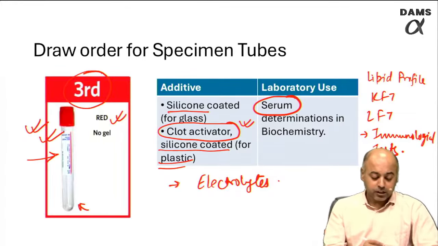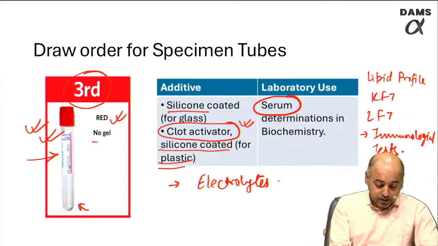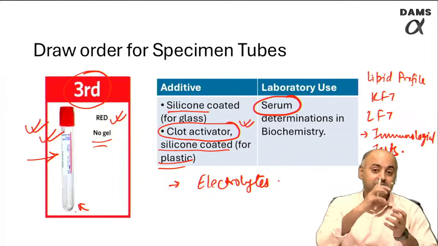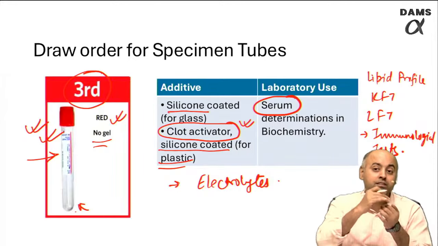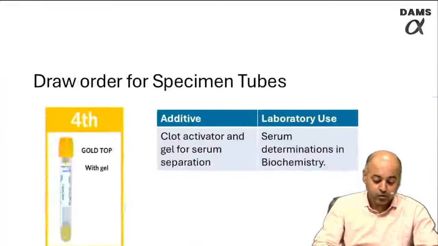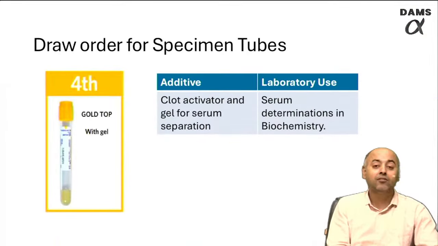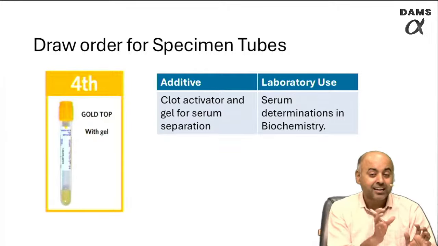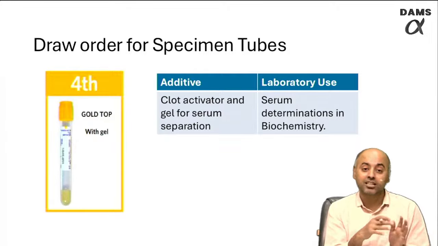Now the red top vial, as mentioned here, doesn't have any gel at the bottom. You know that this gel segregates the clot at the bottom from the serum at the top. The gel will form a barrier in between. So if you have a scenario where the samples remain untested for some time, the transport occurs later on.